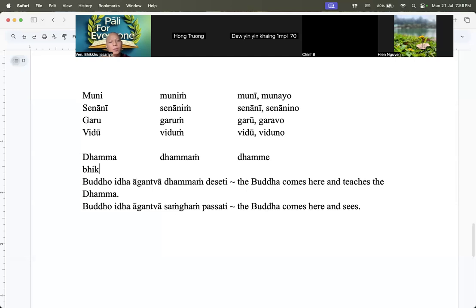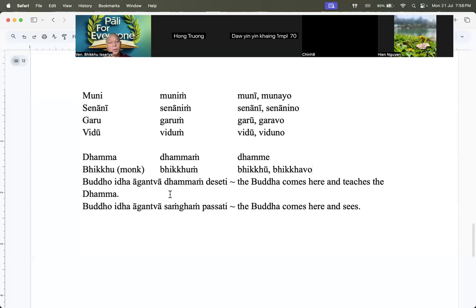So Bhikkhu means monks. So for this subject, nominative case, accusative plural, singular, Bhikkhu. And for plural, Bhikkhu, and then Bhikkhu like that.